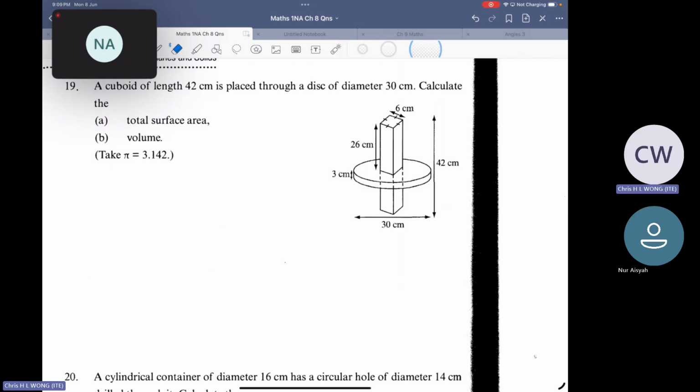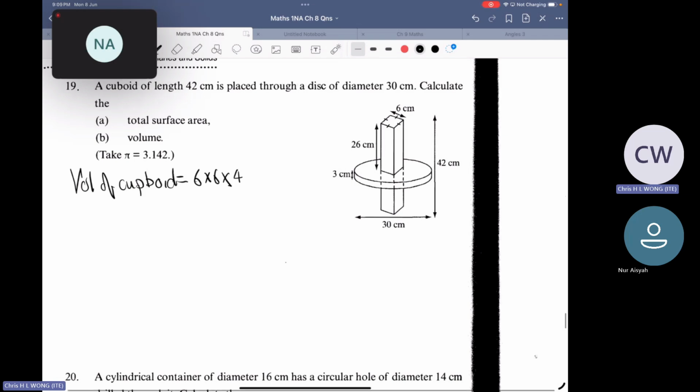Okay, volume of cuboid equals 6 times 6 times 42. 36 times 42 is 1512.